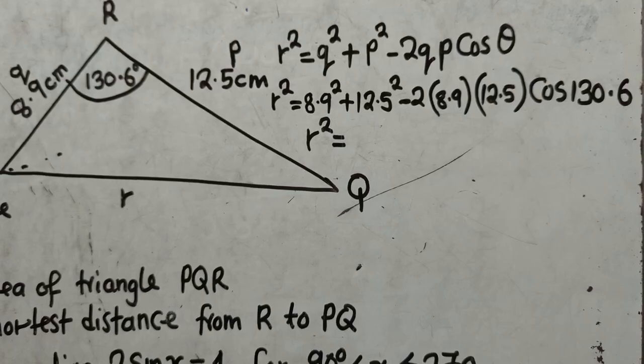I get my calculator and punch that. I want you to follow me very well so that you are able to see how we are coming up with answers. 8.9 squared plus 12.5 squared minus 2 times 8.9 times 12.5 cos 130.6.